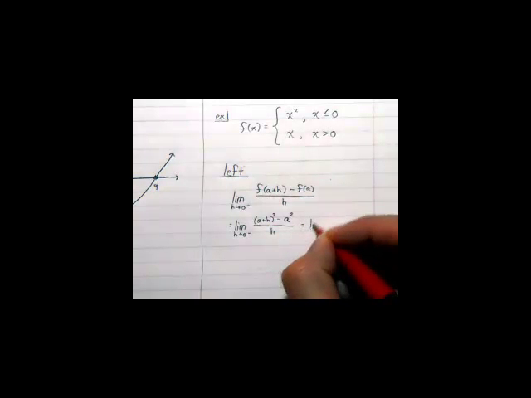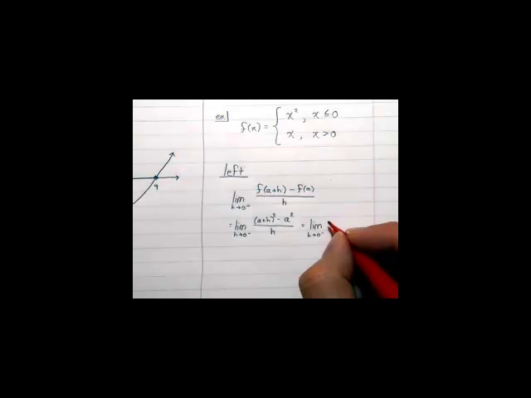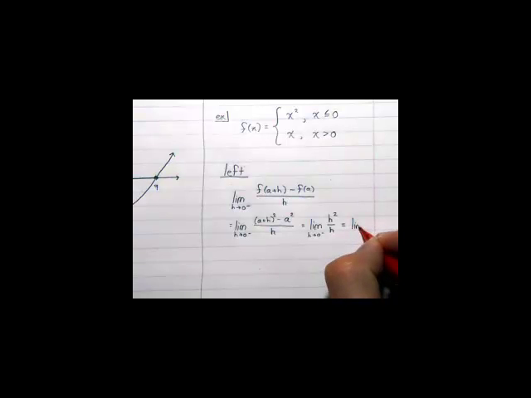So we've got the limit as h approaches 0 from the left of h squared minus 0 over h. So that's going to be h squared over h, which is just the limit as h goes to 0 of h, which is what? 0, right? Plug it in. So the left-handed derivative is 0, just like we said it was, right?